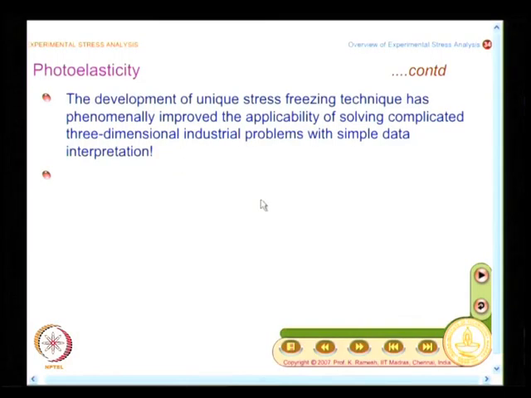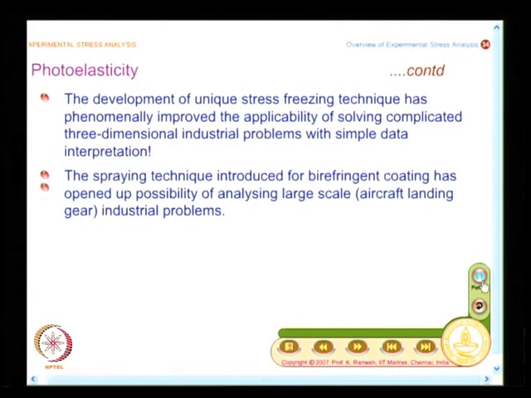In the early stages, 3-dimensional photoelasticity played a very significant role, particularly because of the interesting phenomenon called stress freezing. Now you are being sensitized to the possibilities. This is the case for transmission photoelasticity. On the reflection photoelasticity side, people have also developed a spraying technique to put the birefringent coating on large industrial components.